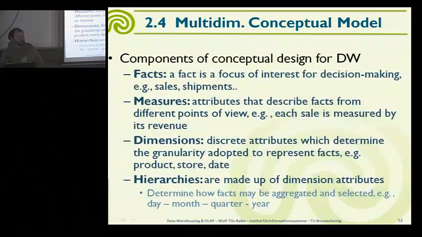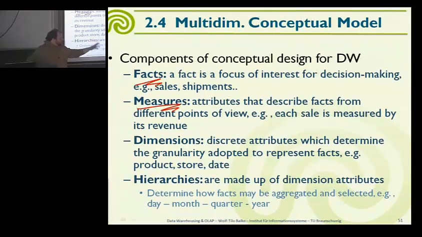So for the conceptual design of a data warehouse, you first need facts, and facts are the subjects, right? This is what it's all about. Sales, shipments, orders, customers, whatever you are interested in, this is a fact. Then you have the measures. The measures are the values with which you measure the fact. How many things did you sell? What revenue did each sale create?